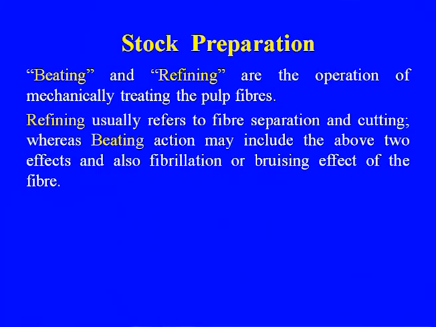Refining usually refers to fiber separation and cutting, whereas the beating action may include the above two effects and also fibrillation and increased bursting strength. Sometimes the beaters are also used for the addition of various fillers, retention aid or the color, and that operation is also carried out in the beating.